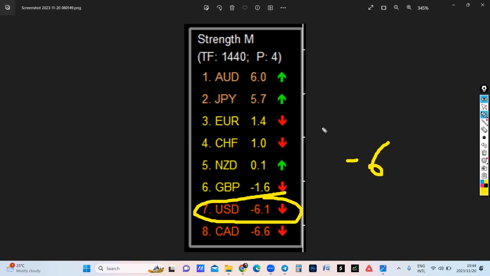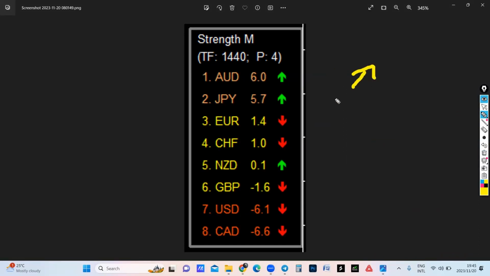the US dollar is weak against that currency. For example, let's say you are looking at euro versus USD. You're going to see an uptrend because the US dollar is the one that is dragging, that is pushing to the downside.